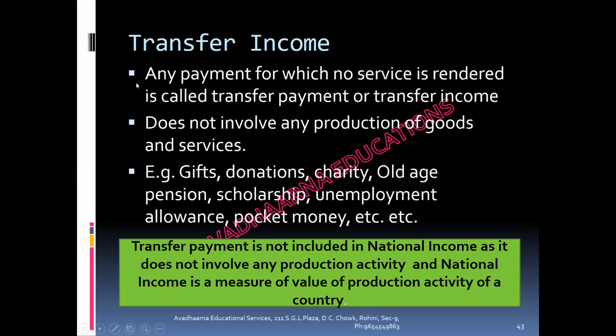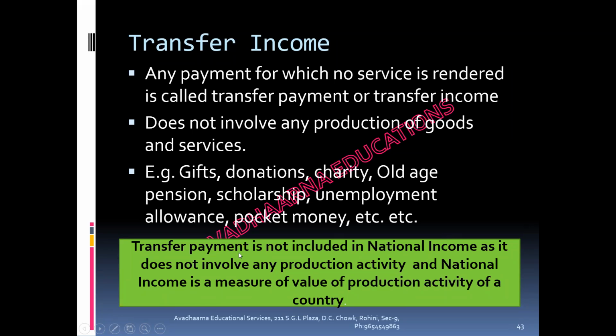Now transfer income is any payment for which no service is rendered, called transfer payment or ट्रांसफर इनकम. बेटा ट्रांसफर इनकम वो इनकम है जिसके बदले में कोई सर्विसेज रेंडर नहीं हुई है. Does not involve any production of goods and services. कोई प्रोडक्शन ऑफ गुड्स और कोई सर्विस रेंडर नहीं की गई है. It is just an income which is being given in return for nothing. Any transfer where the factors of production have not rendered any service. For example gifts, donations, charity, old age pension, scholarships, unemployment allowance, pocket money etcetera.